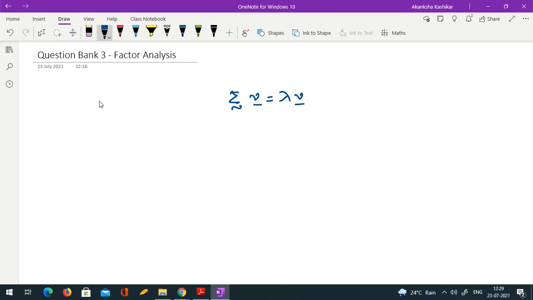Lambda is the eigenvalue. So suppose lambda is the largest eigenvalue, then we say nu is the first PC. But if I multiply both the sides of this equation by -1, then I'll get sigma into minus nu is same as lambda into minus nu, correct?